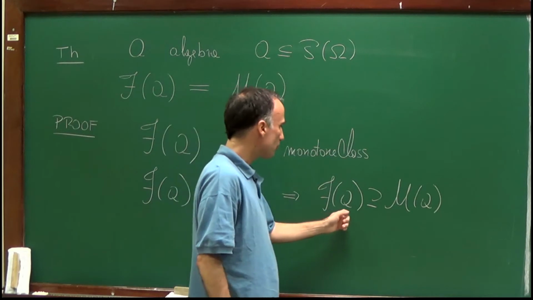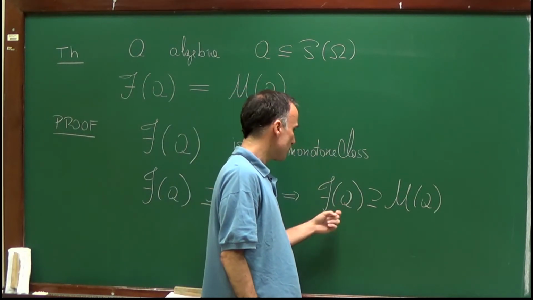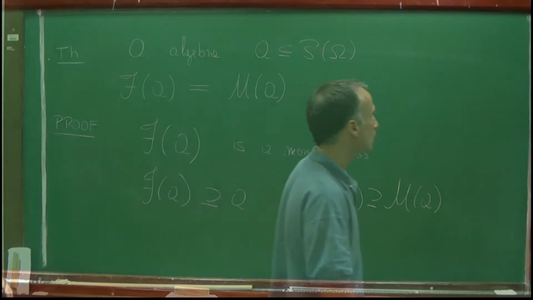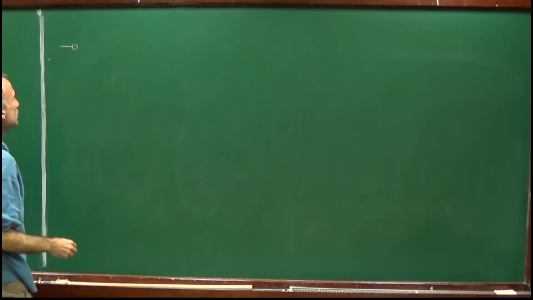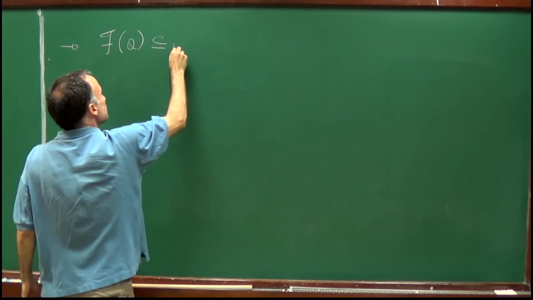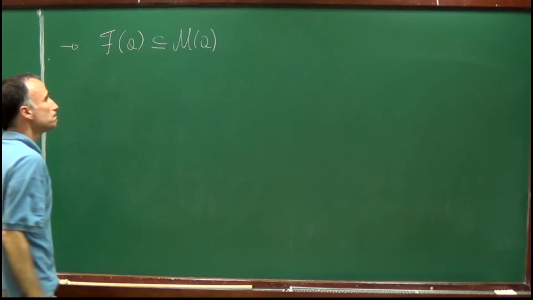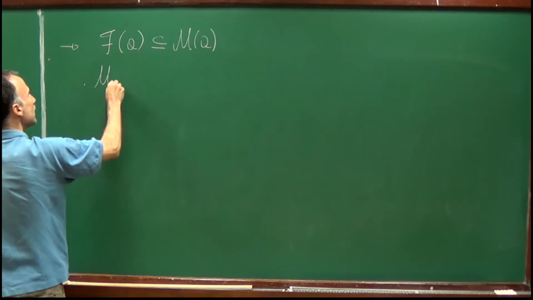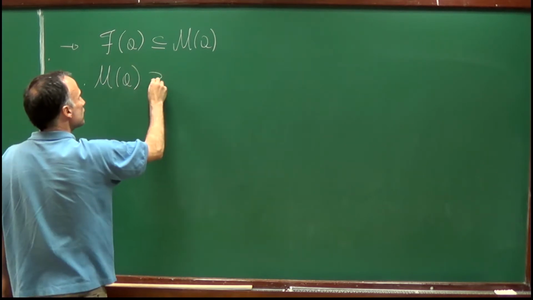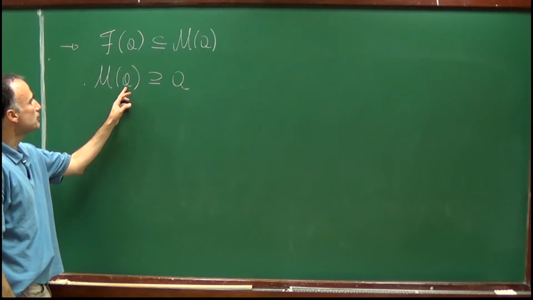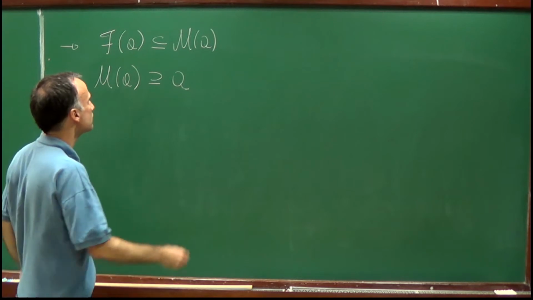So the difficult part in this proof is to show that the sigma algebra generated by A is contained in the monotone class generated by A. We have to show that F of A is contained in M of A. So we will prove that in 2 steps, showing that M of A contains the algebra, but that we know already, because M of A is the monotone class generated by the algebra, and therefore it contains the algebra.